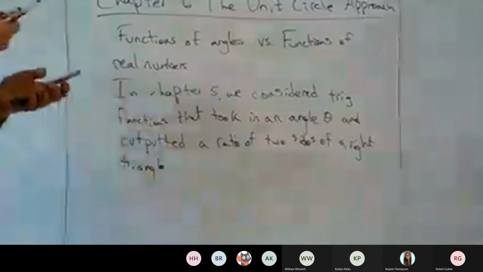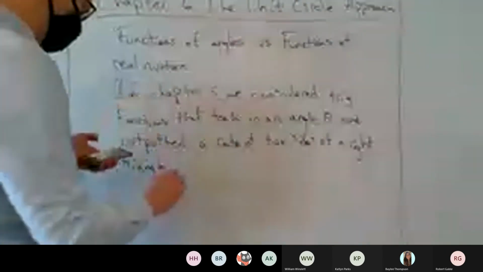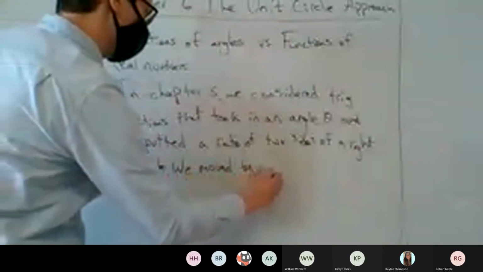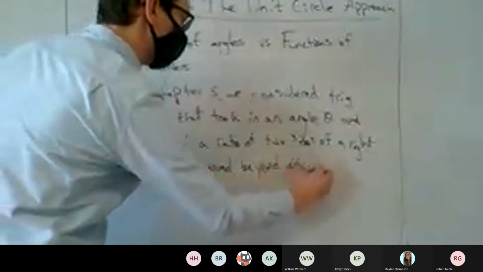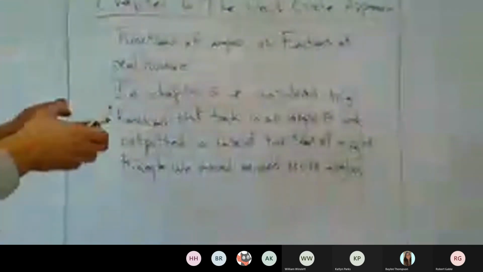We also said that we moved beyond acute angles, right? Because when you're talking about a right triangle, it really only makes sense if you're talking about acute angles, for it to still be a triangle.